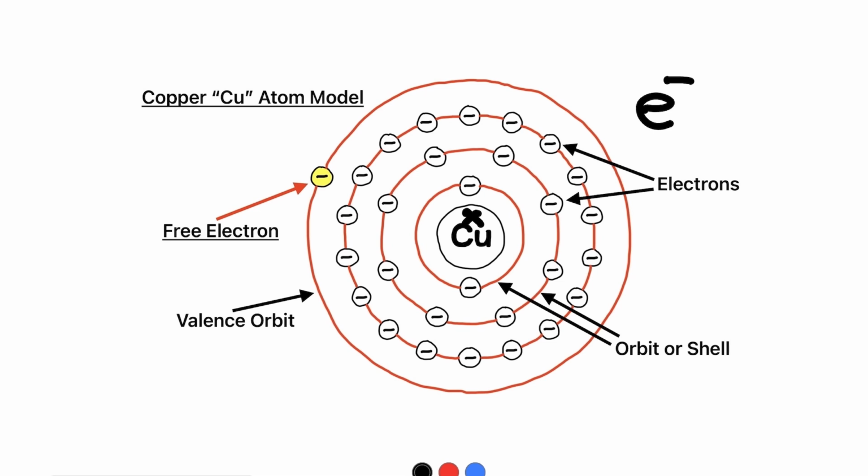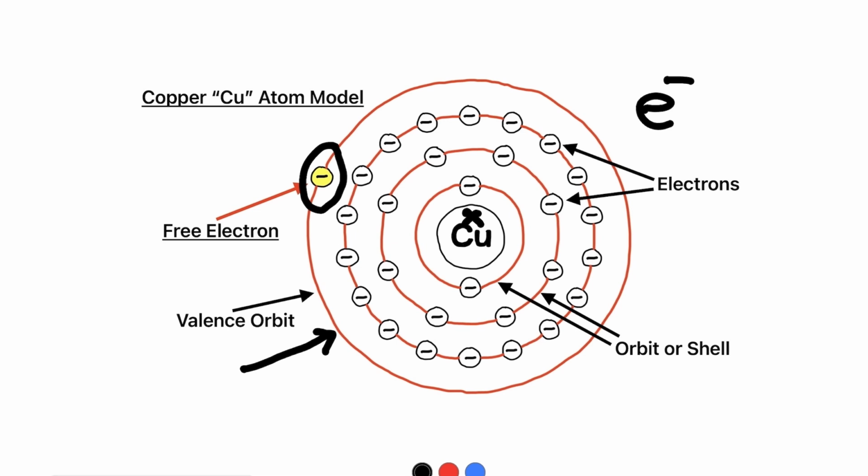However, what we are going to be most interested in is this last orbit. The outermost shell is called a valence orbit or the valence shell. The valence orbit of copper contains 1 electron. This electron is what we call a free electron because it is the only one. It does not interact with any other electron on its orbit.